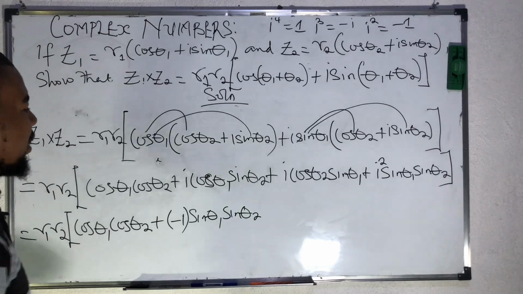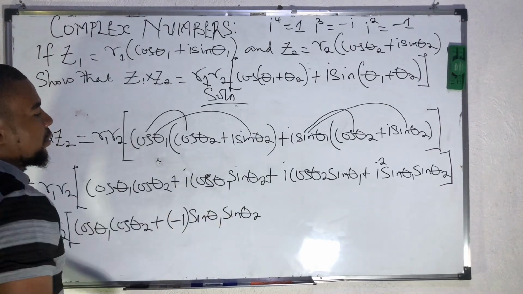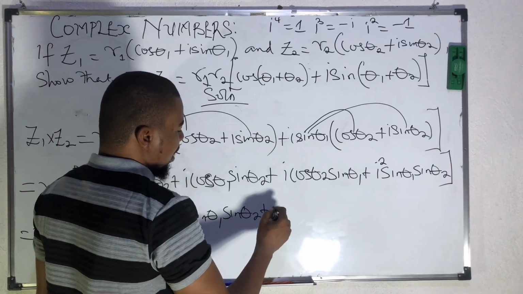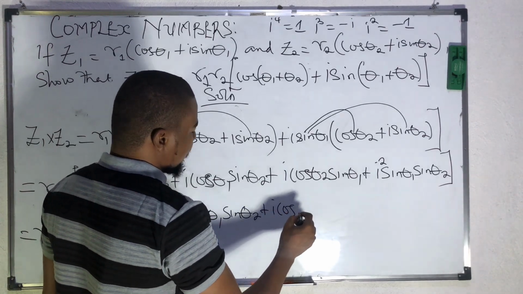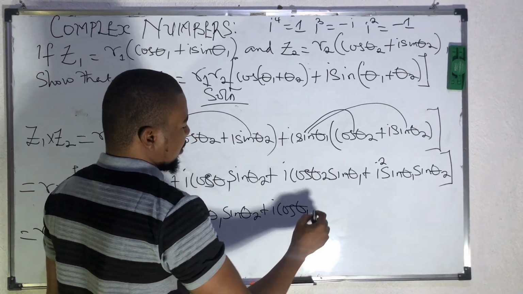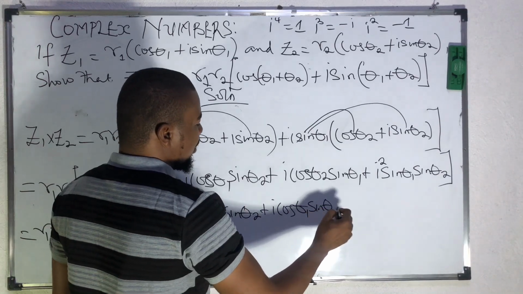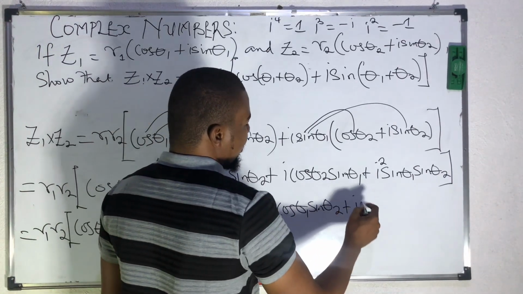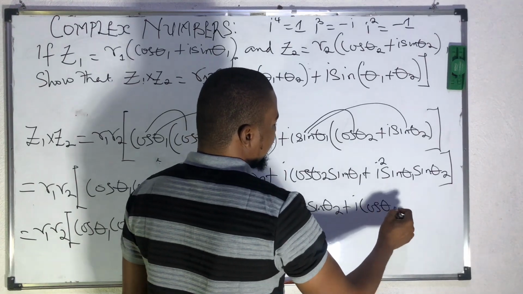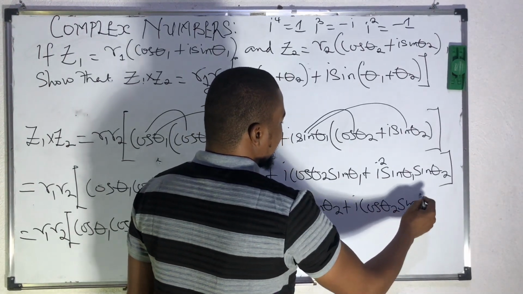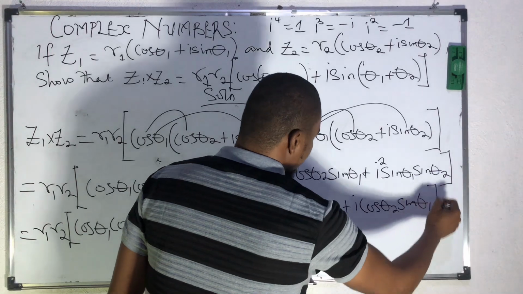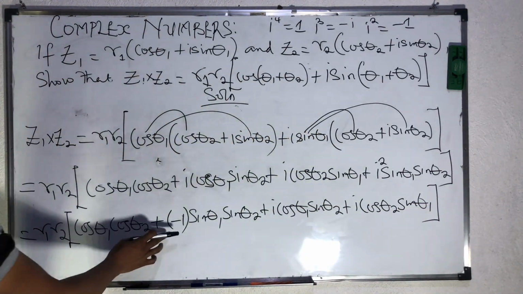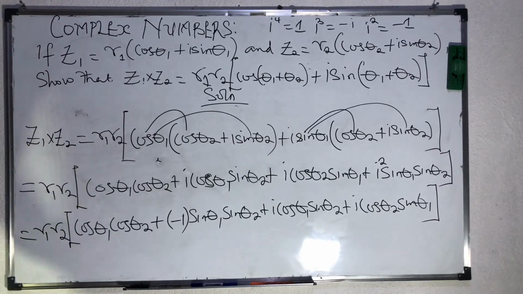Now, what else is remaining? We now have everything here. So right here we have plus i cos theta 1 sine theta 2 plus the next one i cos theta 2 sine theta 1. We have not really changed anything here apart from replacing the i squared with a negative 1.